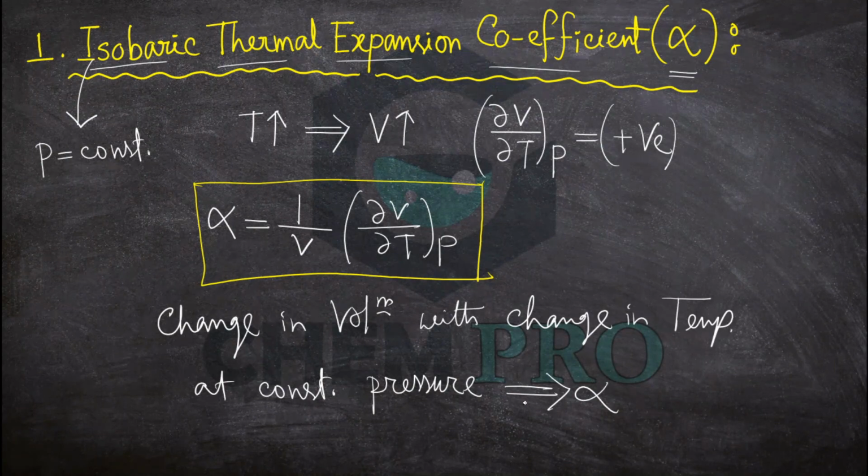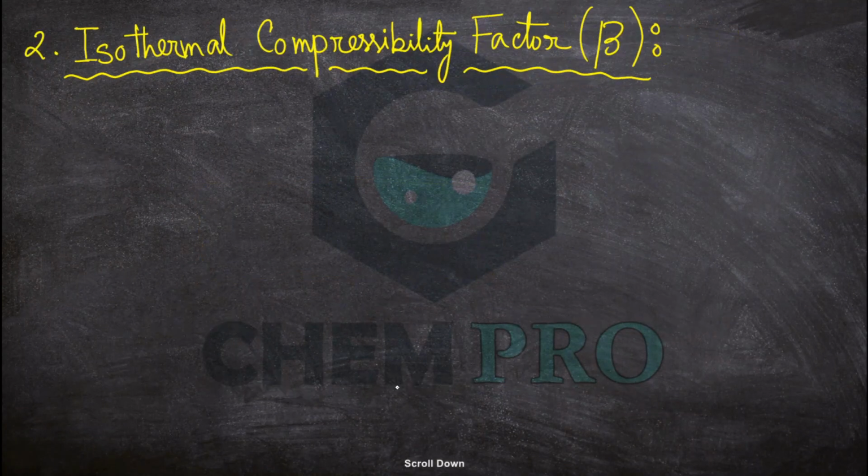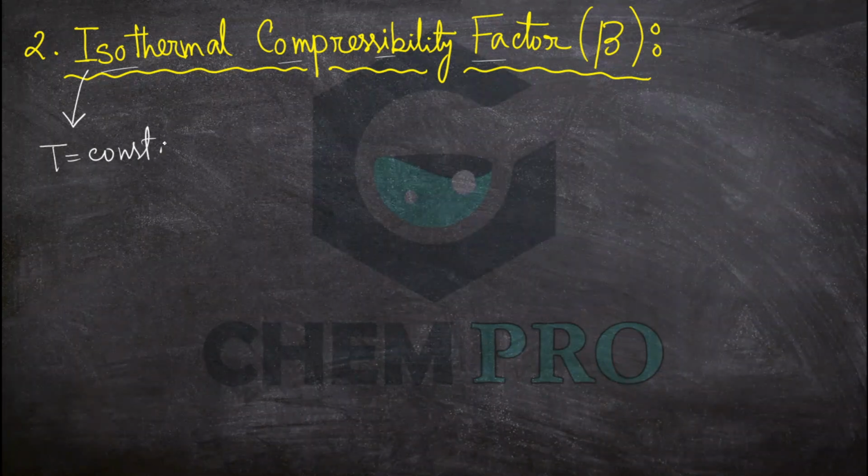The next is the isothermal compressibility factor. From the isothermal part we have T equals constant, or the temperature is constant, and compression of the gas is happening here.